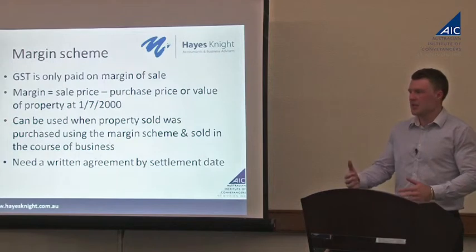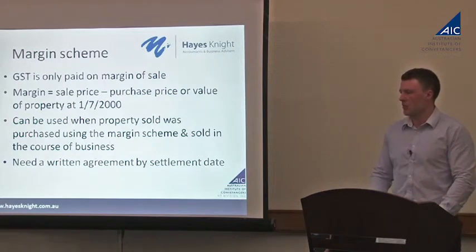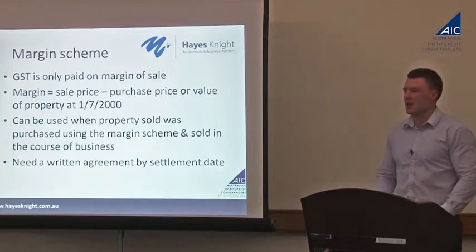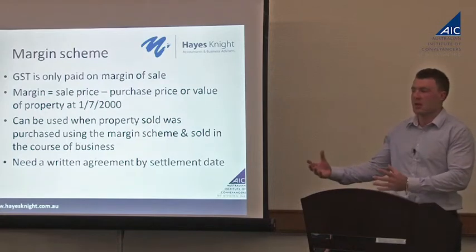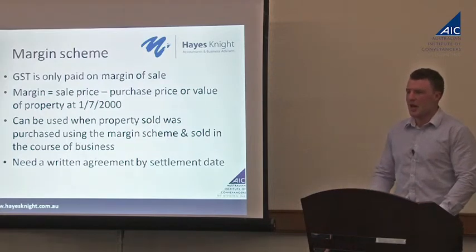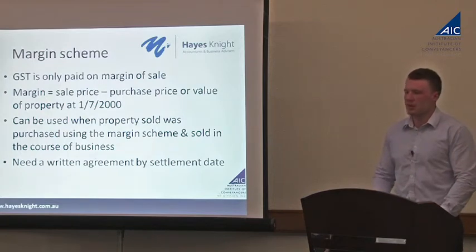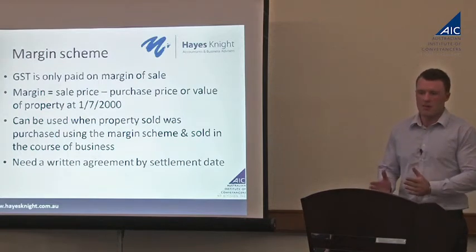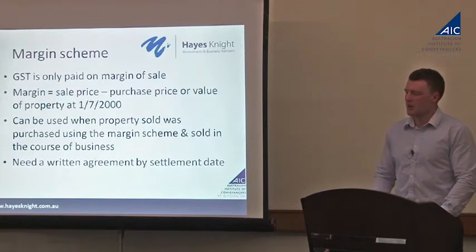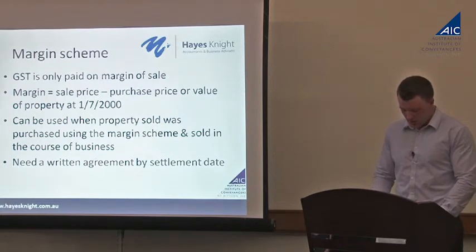So if there was GST on the sale of the property, we could potentially be paying an extra 10%: a $500,000 property plus GST, we'd have to pay $550,000 for it. Under the margin scheme, you wouldn't have that full $50,000 worth of GST. It'd only be on the margin. So for people like us, or whoever it is that's purchasing that property, it'd be a good saving.